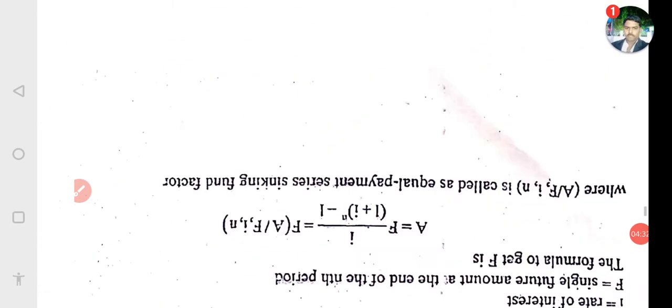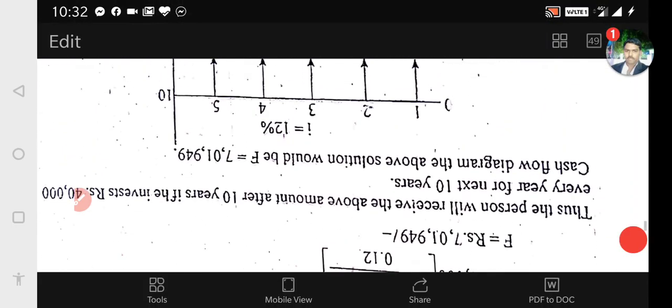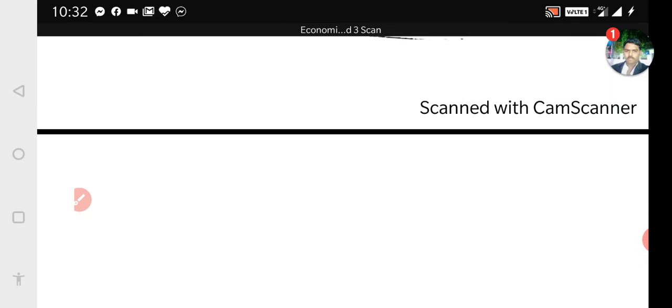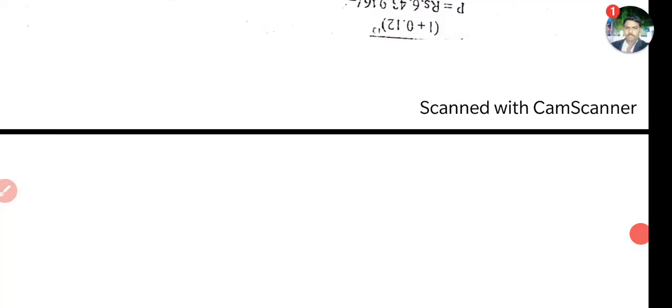So by substituting these values in the equation, what we get is F is equal to A, that is 40,000 rupees, in bracket (1 plus 0.12) raised to 10 minus 1, divided by 0.12. The amount we get is 7,01,949.